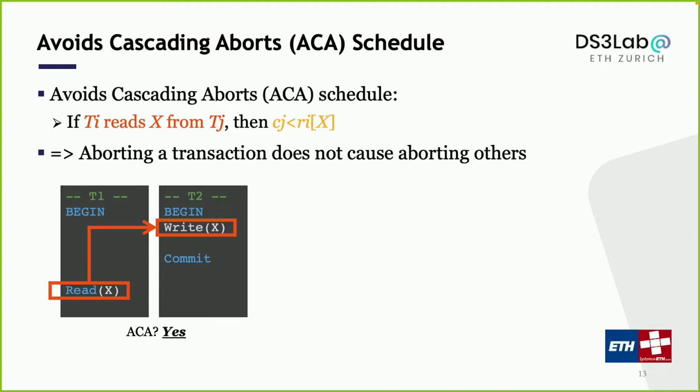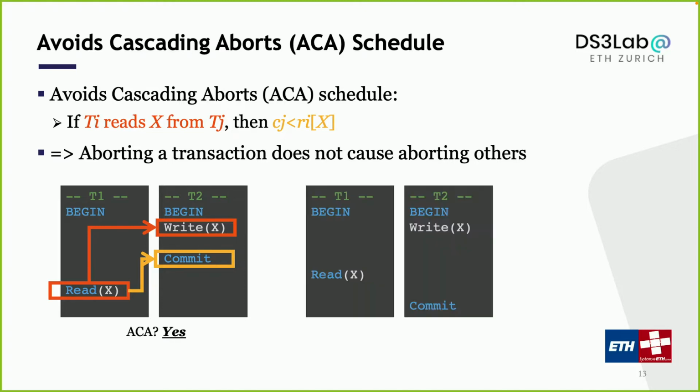Then I check when T2 commits. Here, T2 commits before T1 reads the value from T2. So the condition is satisfied, because there's only one read-from pair in this schedule. If there are multiple, you need to check all of them. So this one is in ACA.